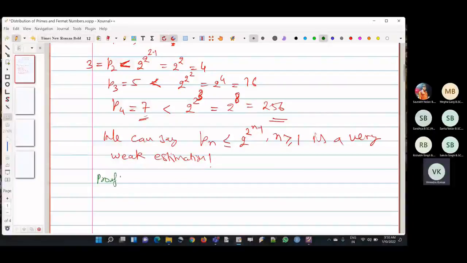So proof. We will use induction, in fact mathematical induction, induction on n to prove this result. You know what we do when we use the principle of mathematical induction.